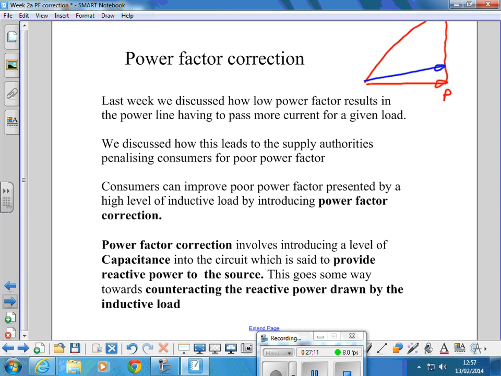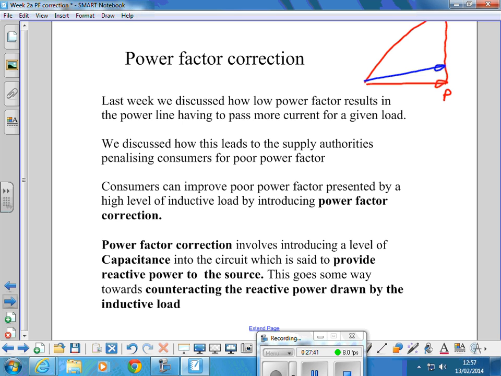Capacitors work the opposite way: while inductors draw reactive power, a capacitor gives some back. That's just choosing an arbitrary direction, because they both take some and give it back, but at opposite times. So when the inductive load is asking for power to magnetise it, the capacitor is giving some back.